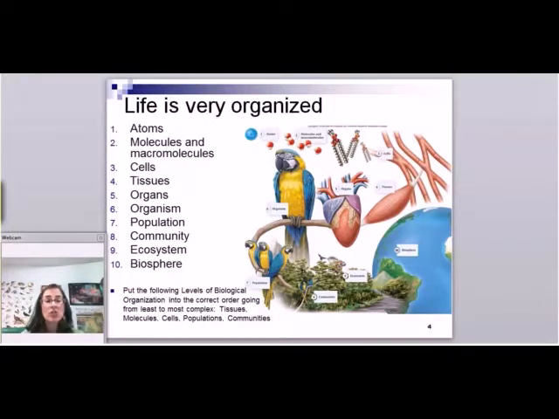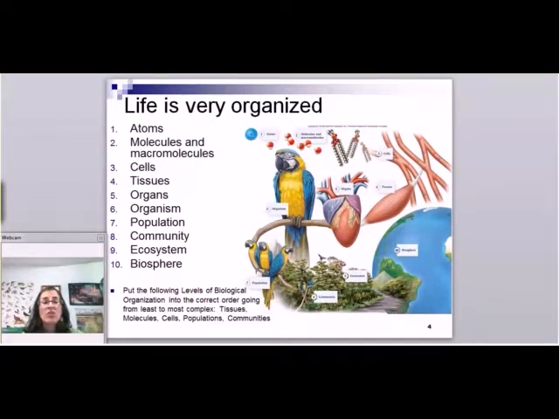And even larger molecules, these are called macromolecules. Macro means very large. Things that, again, you've probably heard of: proteins, fats, sugars, starch. These are all examples of macromolecules. They're very large molecules built of hundreds and thousands of atoms.